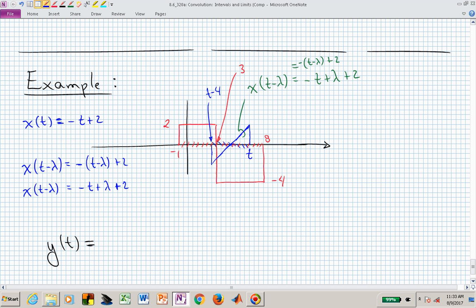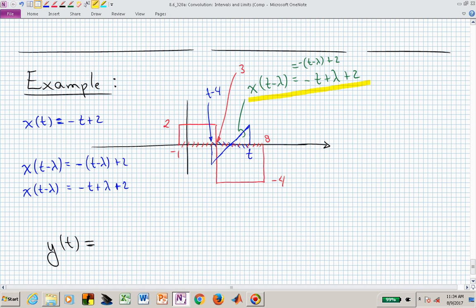And now it's a little bit more involved because the red function actually has unique functional value over different parts of the blue waveform. The blue waveform, which now is the x of t minus lambda, that's the one that I'm now sliding.